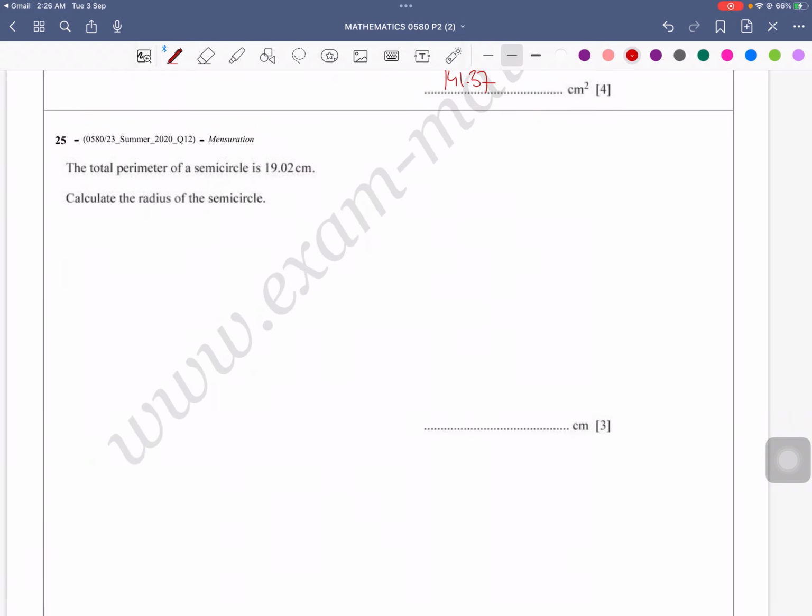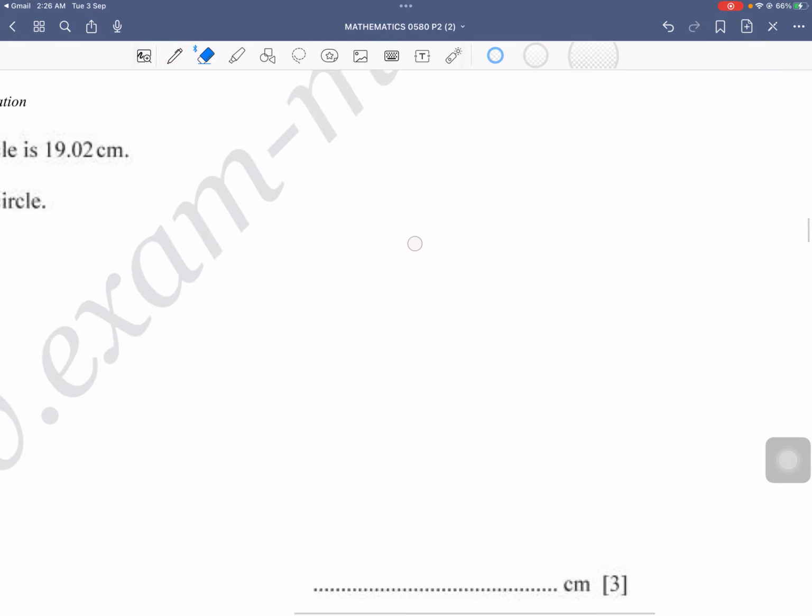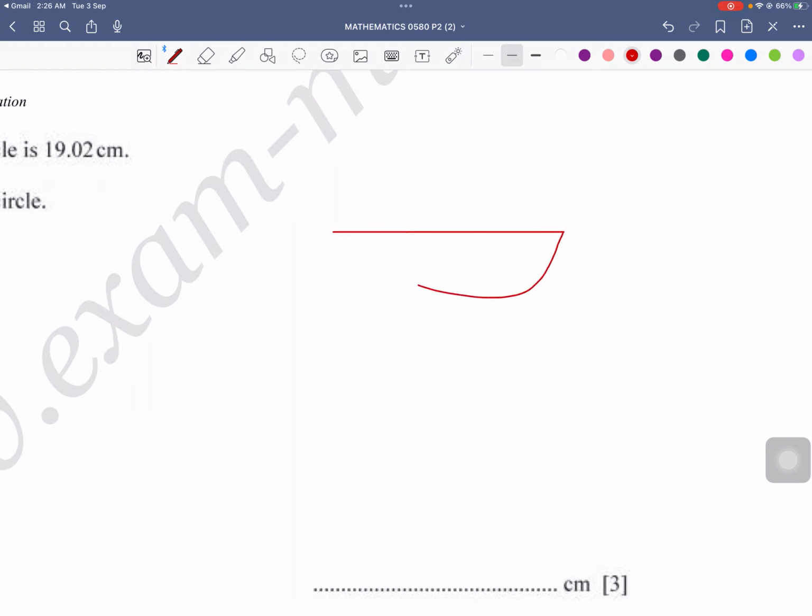Now they're saying that the total perimeter of the surface of a semicircle is 19.02 cm, right? Consider a semicircle, guys.